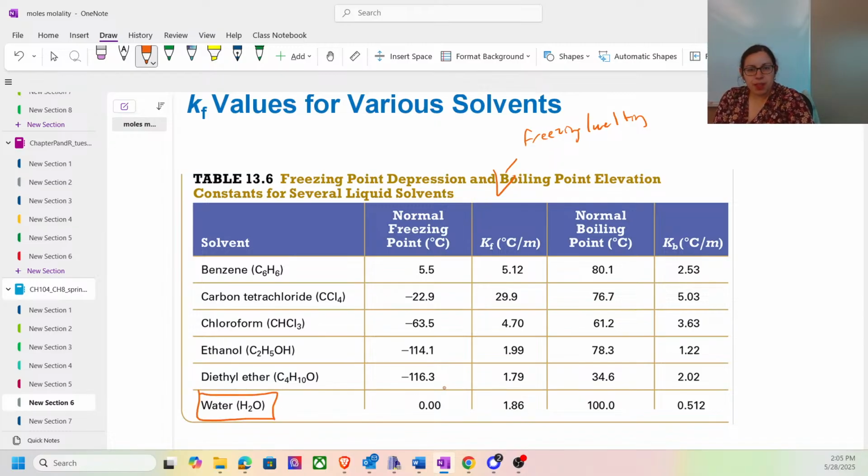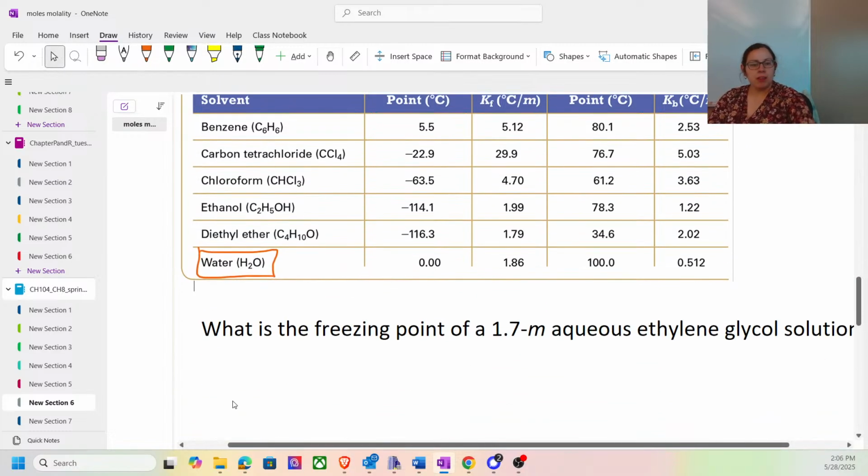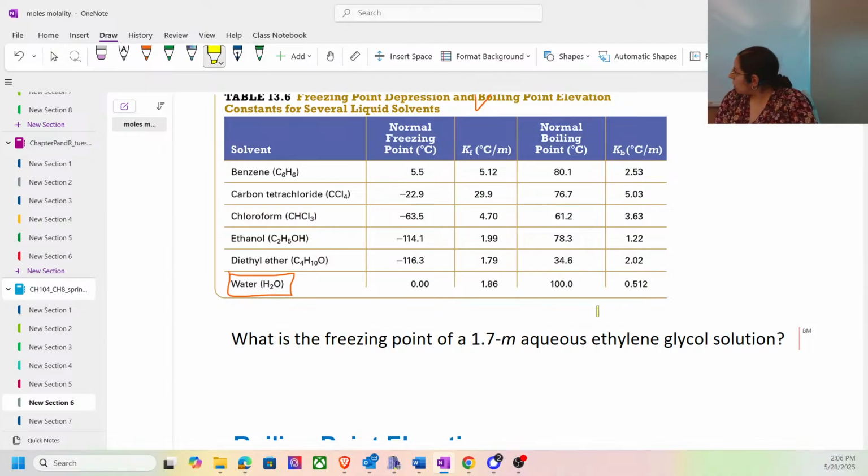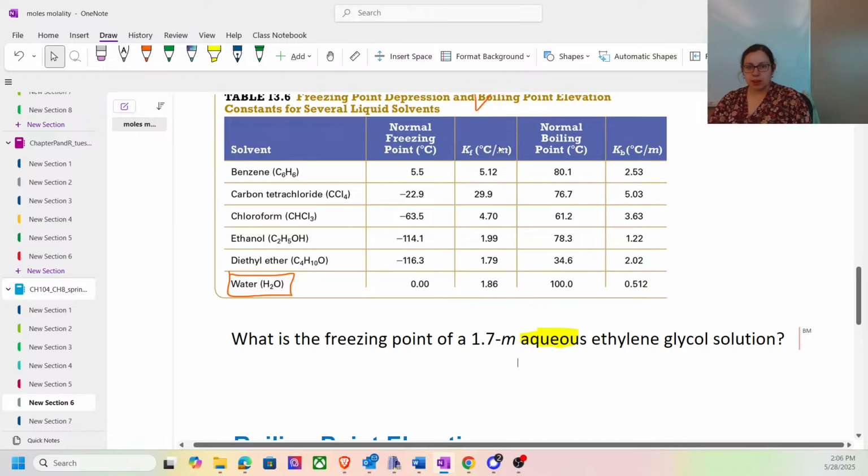And then it gives us our normal freezing point, and we can see how much lower it is. All right, so try this one for a second, and just watch what it's trying to tell you. Highlight the key word, and then see if you can plug it in based off of our Kf here.